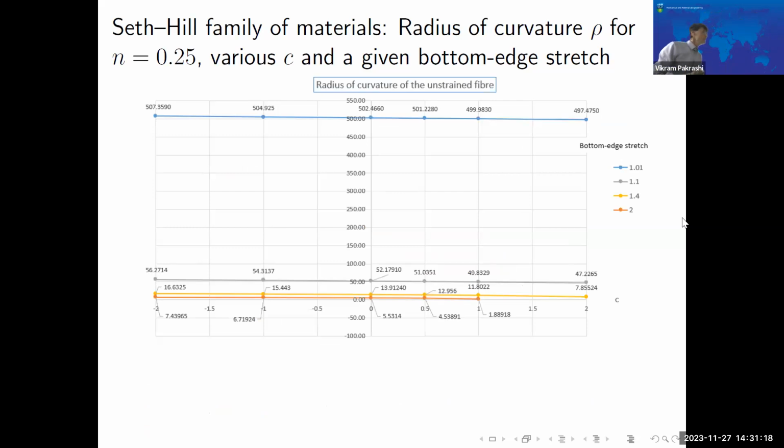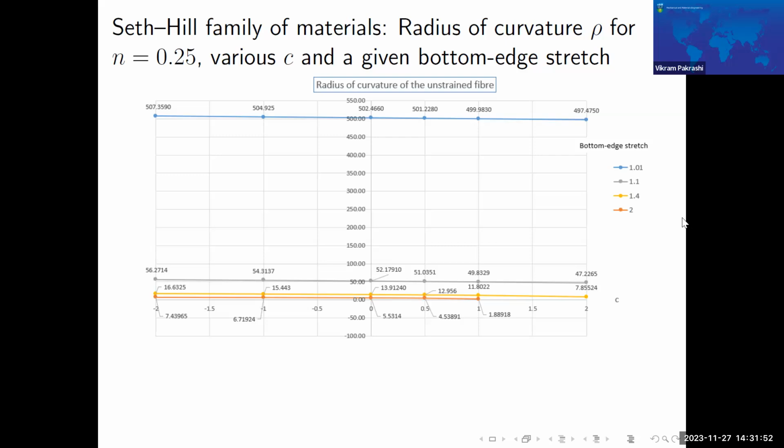And my final graph is showing the amount of the radius of curvature, again for the given stretch, always depending on the material. Here we show that for 1% of stretching, the difference in the radius of curvature is about 1%. But if it comes to, say, 40%, then it's much larger.